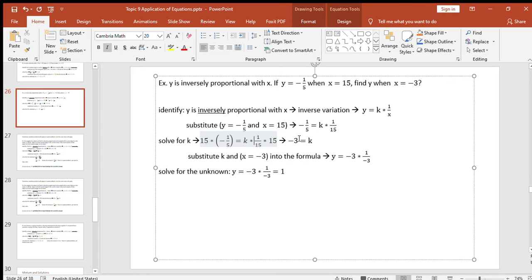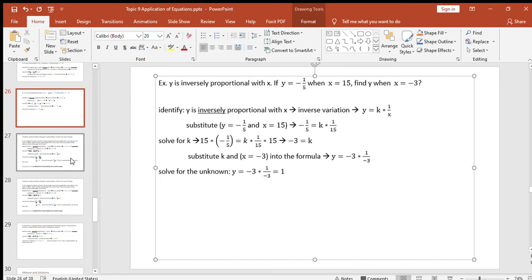So our k is negative 3, and we're going to substitute negative 3 equals k and x is equal to negative 3 into this formula to get y is equal to negative 3 times 1 over negative 3, which is 1. Pretty simple, right? Just substitute, find k, and then substitute again, and then find the unknown.